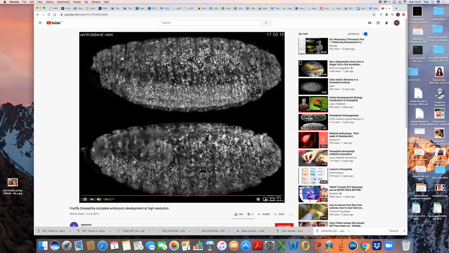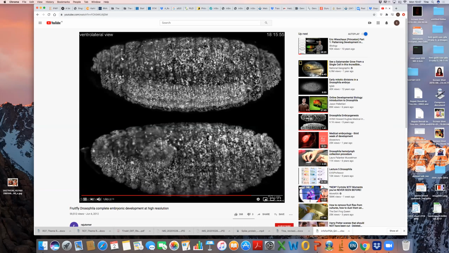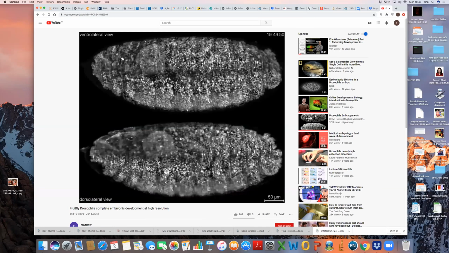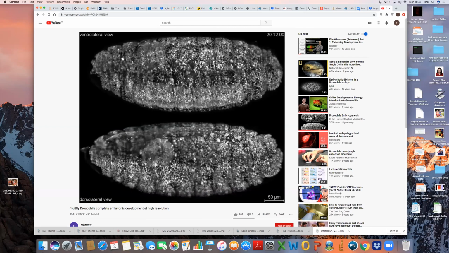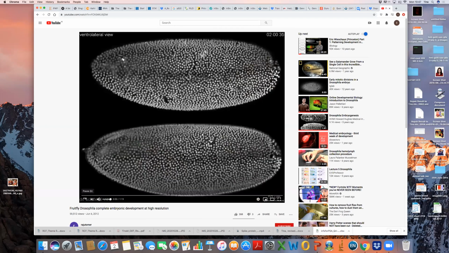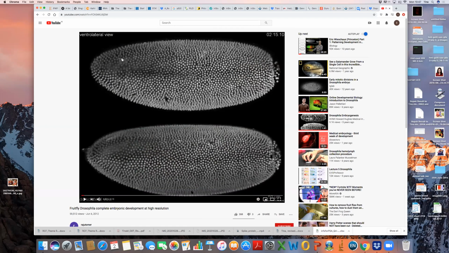Since the musculature is active, and at this point there's still a lot of organogenesis happening, all the larval structures are being defined. The imaginal discs, which are structures that are going to give rise to the adult tissues, are also going to get specified in these later stages of embryonic development.